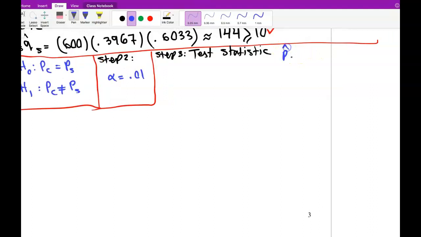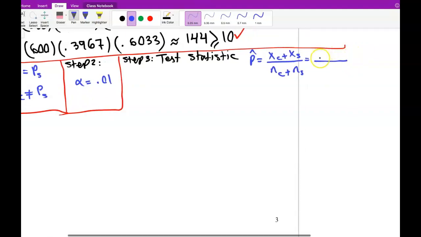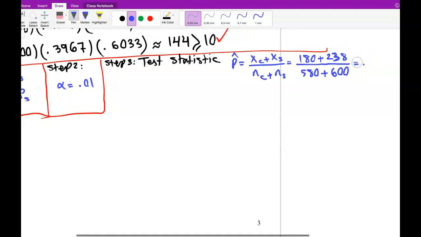So finding p hat is x plus x divided by n. For x, C we have 180, plus 238, divided by 580 plus 600. Okay, the answer is 0.3542. Okay, then finding z.